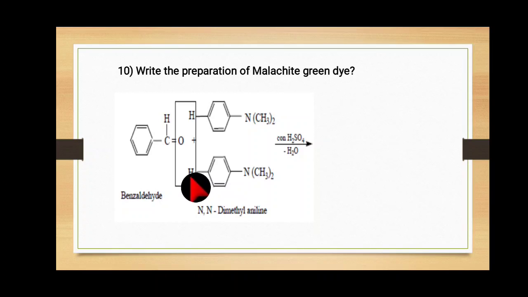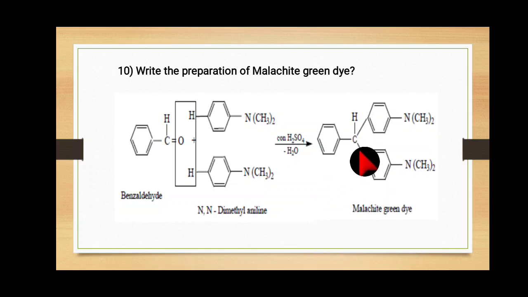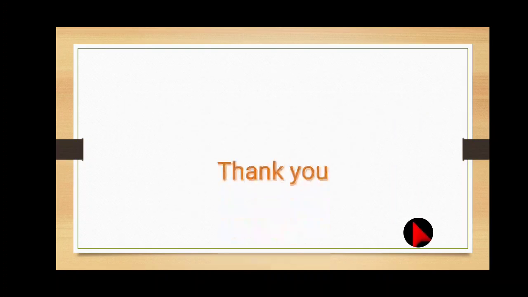Here it shows the removal of water: 2 hydrogens from N,N-dimethylaniline and 1 oxygen from benzaldehyde. When we use a powerful dehydrating agent, concentrated sulfuric acid, water is removed and we get the product. That product is called malachite green dye. Thank you.